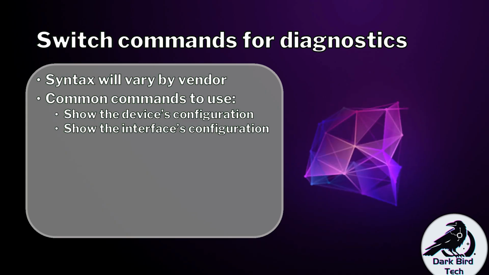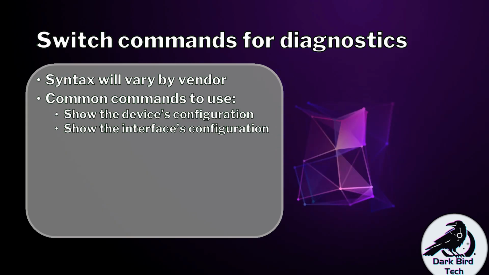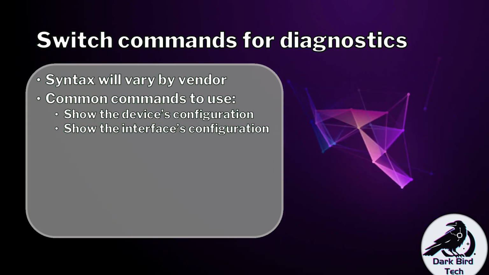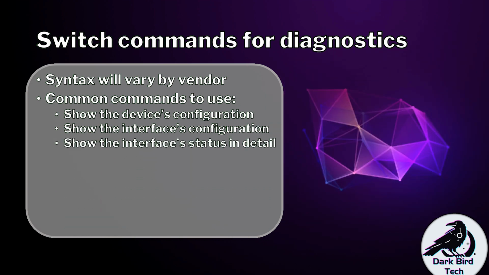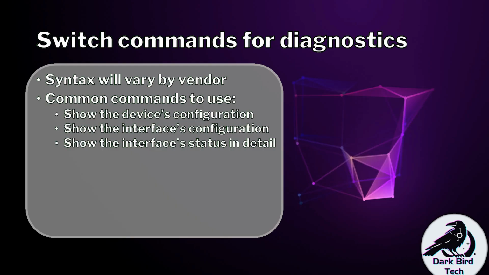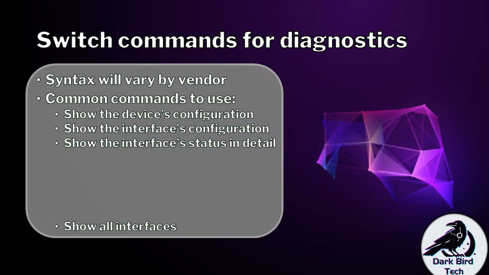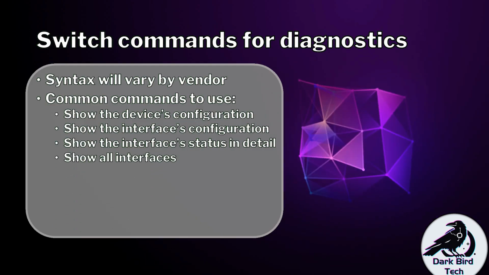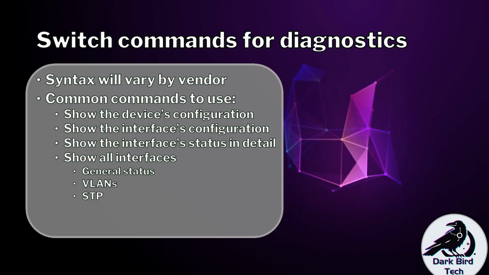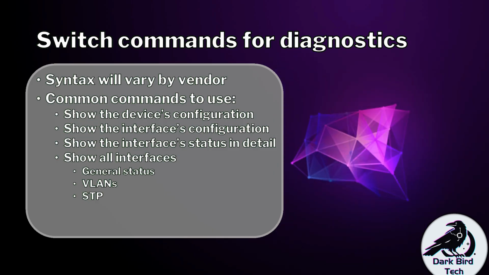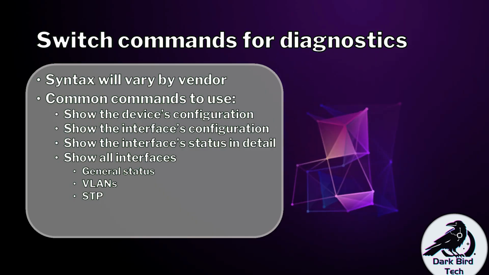Now, the device configuration would be the whole device versus the interface would be just that one interface. Also, we have commands that will allow us to see the device's interface statuses in detail. And we can also run commands to look at all of the interfaces at once, whether it just be general status information, VLAN information, or information to do with spanning tree protocol and any of its variations.